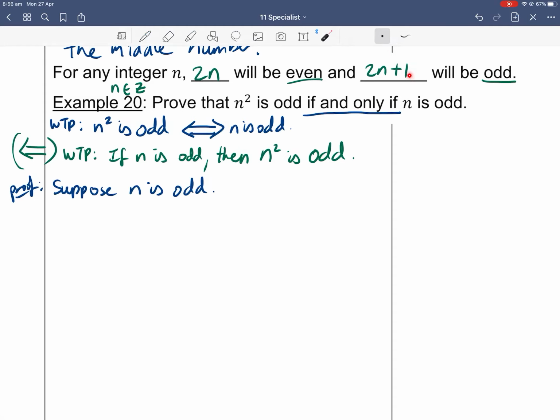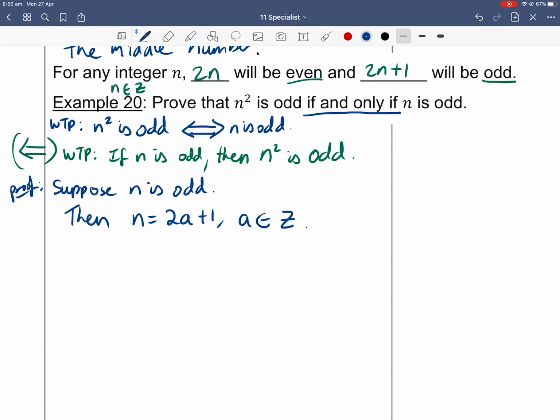Well, we can say that n is some two lots of a number plus 1, because that's the definition of odd, right? So suppose n is odd. Then we can say that n is equal to 2a plus 1, where a is some integer, because that's the definition of odd. It's double some integer plus 1, because if it's not even, then it's odd.